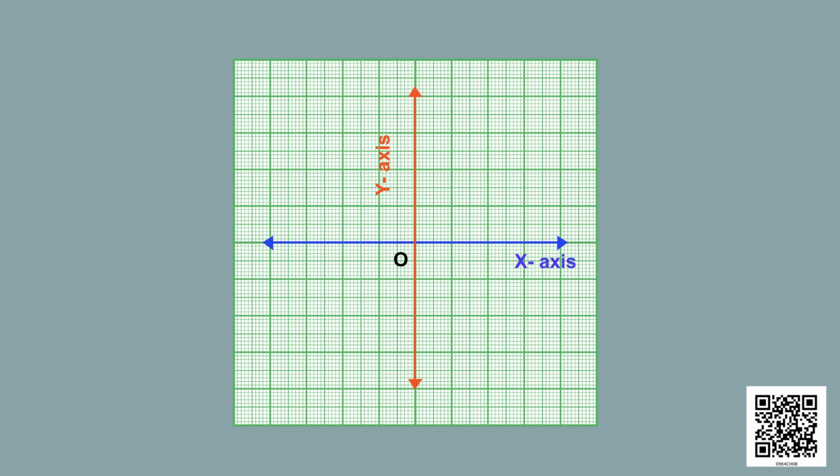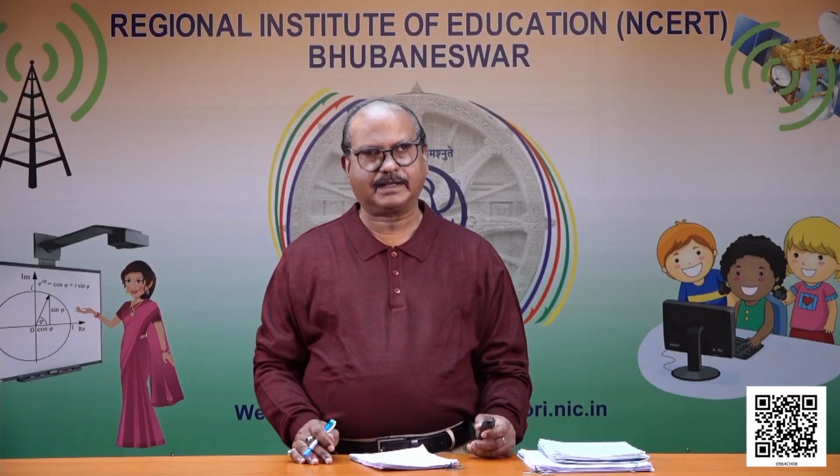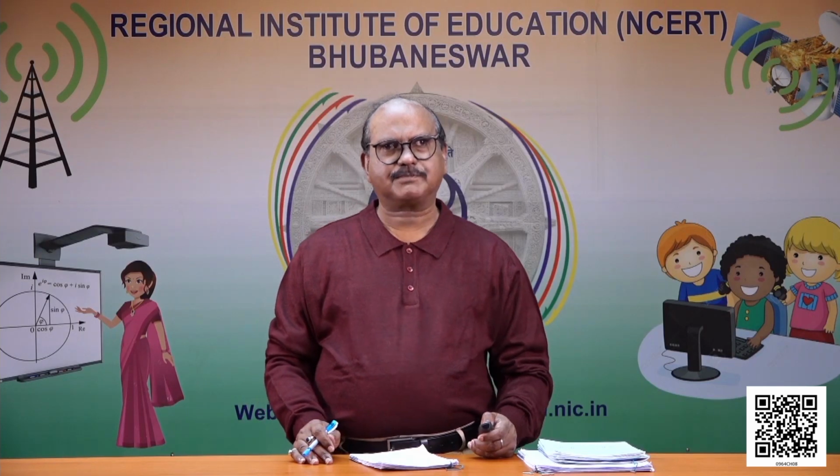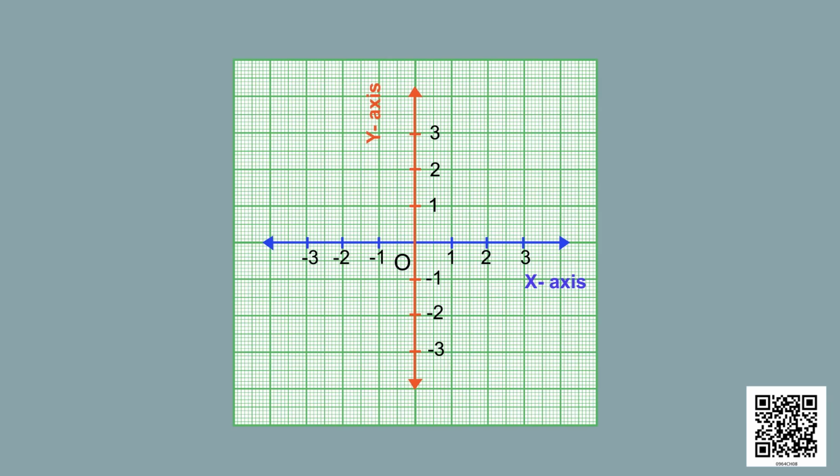So this point O is called the origin. The coordinate of the origin is 0, 0. First 0 is the x coordinate, the second 0 is the y coordinate. The coordinate of the origin is 0, 0. Well, you see in the graph sheet there are markings on the x-axis and y-axis.